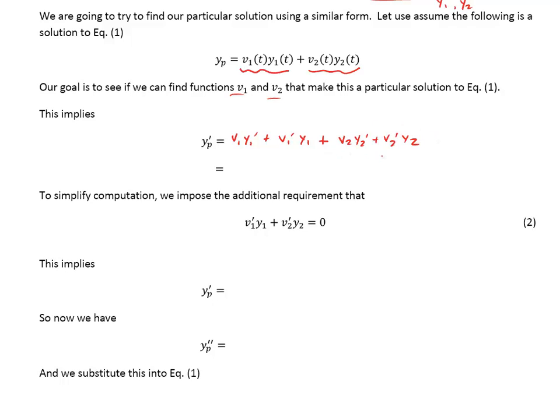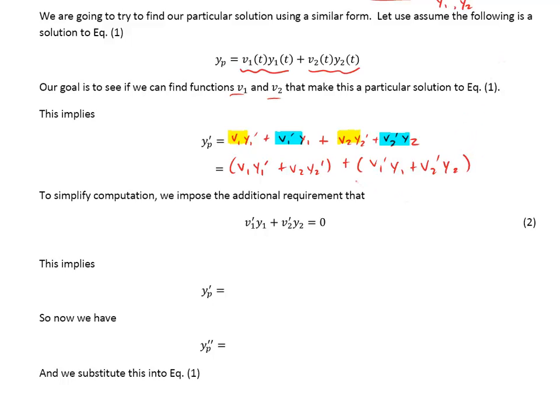And I'm just going to rearrange for a second because what I want to do is actually make our lives a little bit simpler with an additional requirement. So let's put these two terms together, and these two terms together. The result is I'll write it as v1 y1 prime plus v2 y2 prime plus v1 prime y1 plus v2 prime y2.